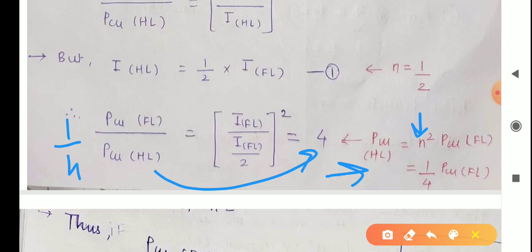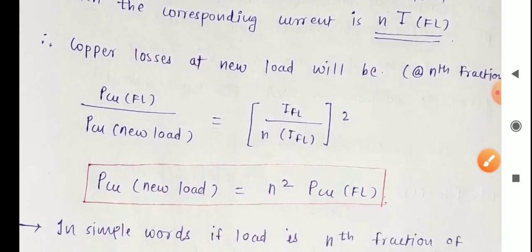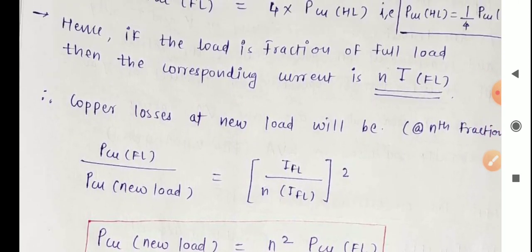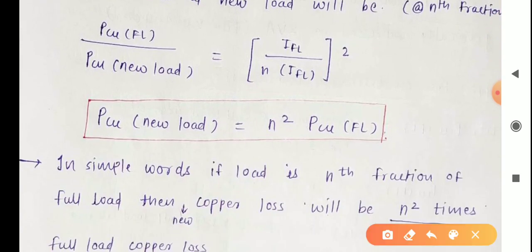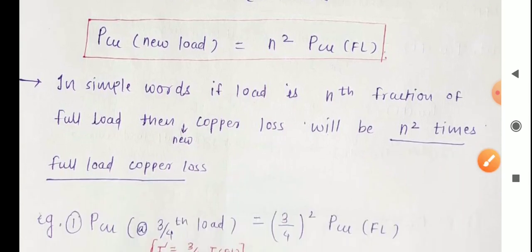It is simply implied here that if the load is a fraction of full load current, that is n times the full load current, then the new copper loss will be n square times the full load copper loss. In simple words, if load is the nth fraction of the full load, then new copper loss will be n square times the full load copper loss.